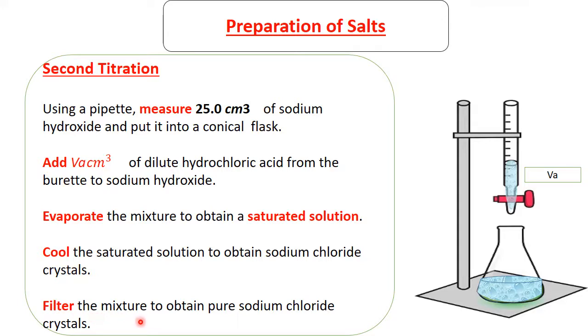Finally, you can filter the mixture to obtain pure sodium chloride crystals. Remember, this saturated solution has the solvent part and of course the crystals. The solvent part has to be removed by filtering. So you filter the mixture, and what you're going to have is your sodium chloride crystals.